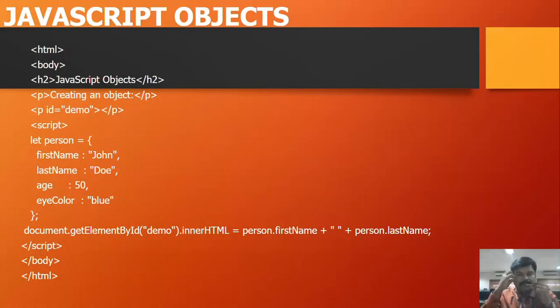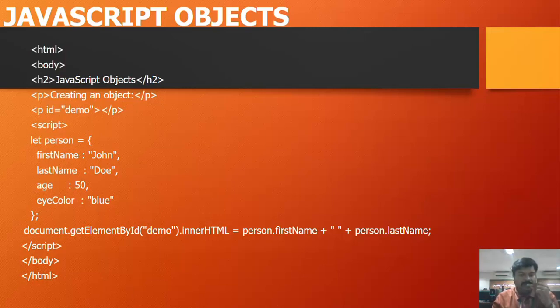You can see in this example, it starts with the heading tag h2 containing JavaScript, and a paragraph tag for creating an object, with the ID demo. Then we open a script tag. In the script tag, we give let person equal to first name John, last name Dove, age 50, eye color blue.